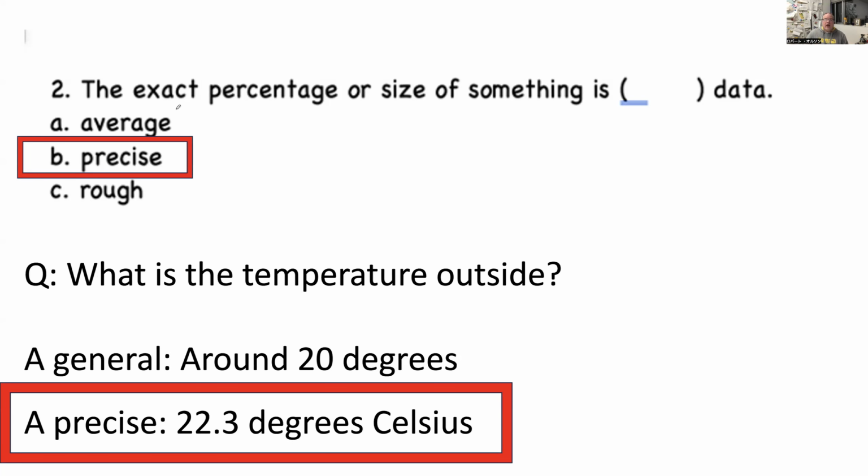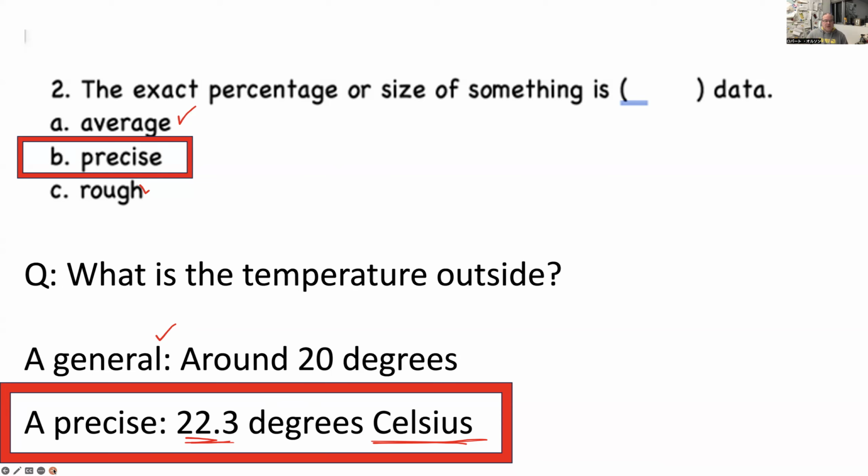General, average, and rough are all similar. For example, what is the temperature outside? Around 20 degrees. Is that okay? Now, a precise answer is 22.3 degrees Celsius. That's very precise. Okay? So general, rough, and average are daitai, goro, gurai. Precise is pittari or seikakuna.